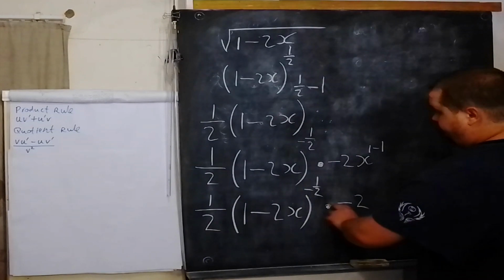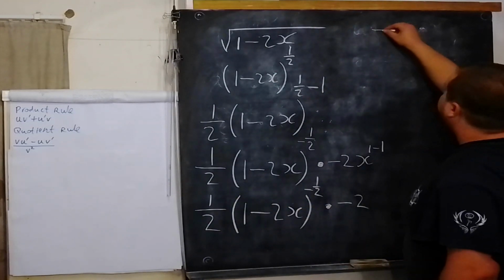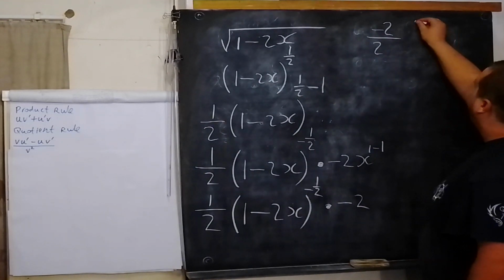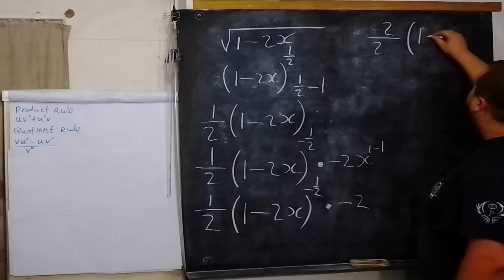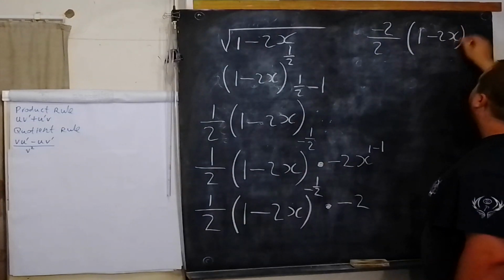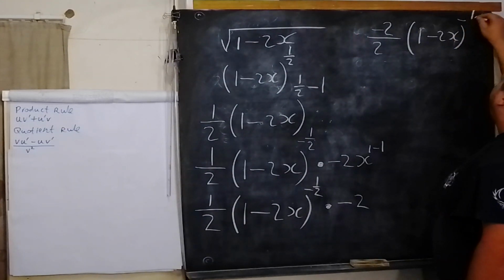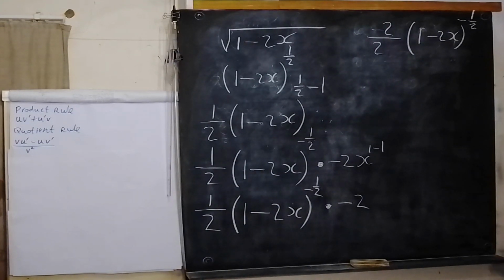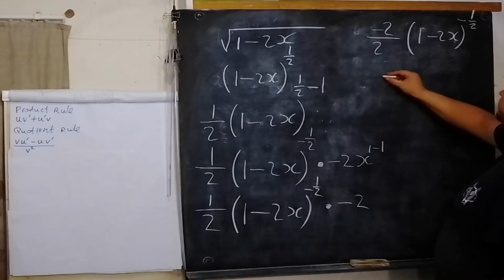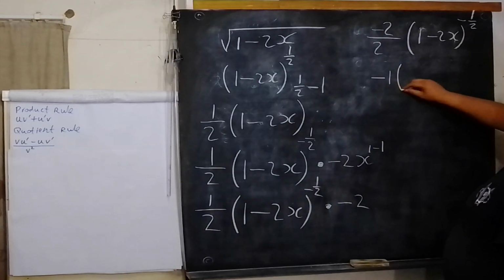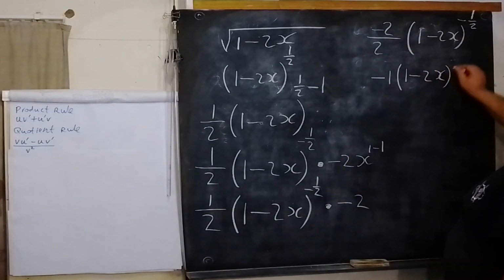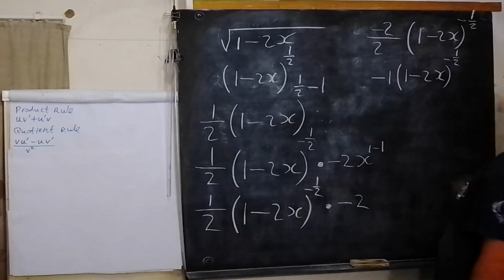Then what we'll have is negative 2 over 2 multiplied by (1 minus 2x) to the negative a half. So this equals negative 1 times (1 minus 2x) to the power negative a half.